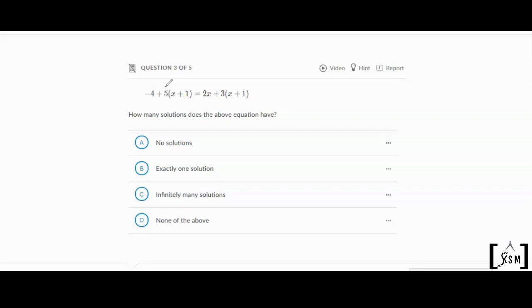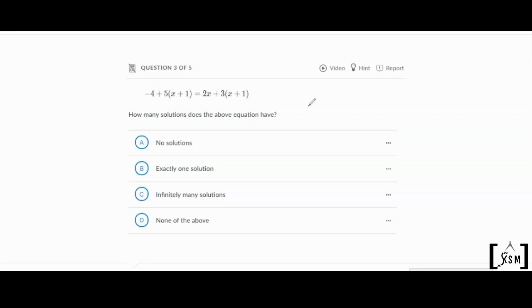So plus 5x plus 5 is equal to 2x plus 3x plus 3, right? 3 multiplied with x and with plus 1 also. So minus 5, minus 4 and plus 5 is 1, plus 5x equal to 2x plus 3x is 5x plus 3.